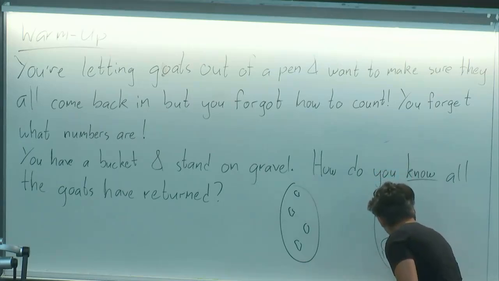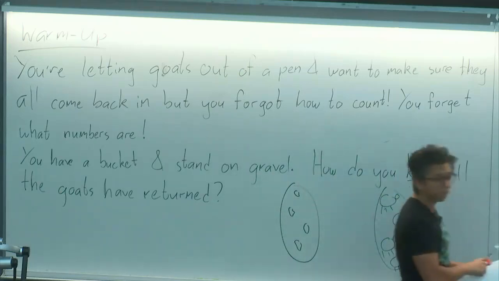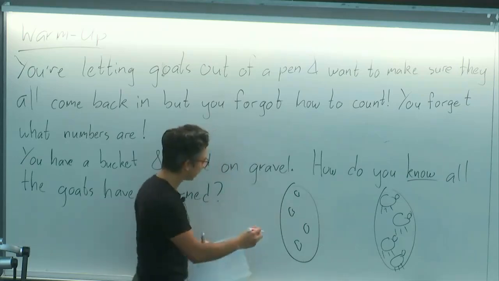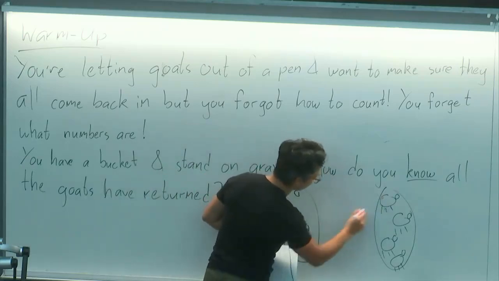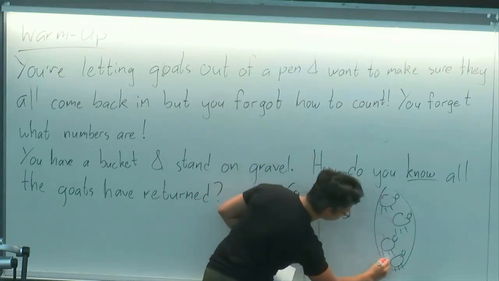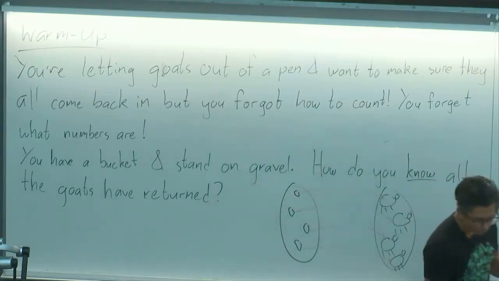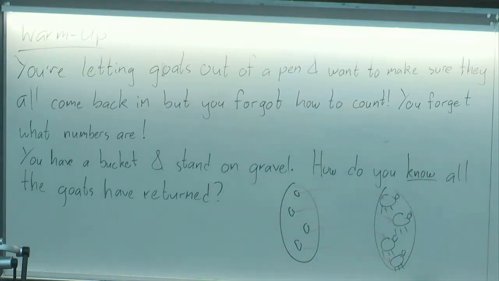But the point is, why does this work? It's because what you're doing by putting a rock in the bucket each time is making a connection. You're pairing each rock with a single goat. Because you draw this pairing, you now have a correspondence between rocks and goats.